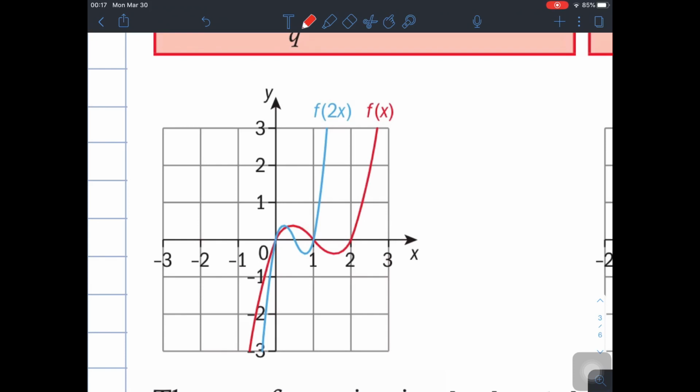Okay, so for example, if this was 1.5, the new value for the compression would be 0.75, half of 1.5. Or if we look at this value, this is 2, right? Half of 2 is 1, so the function, the blue one, for that same point is 1. Okay, so you see the compression here, right? For example, this 2.5 should be 1.25, which is this point over here. So all of the values of x are half of the original value. That's why it's called a horizontal compression.